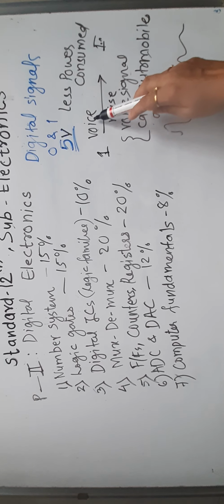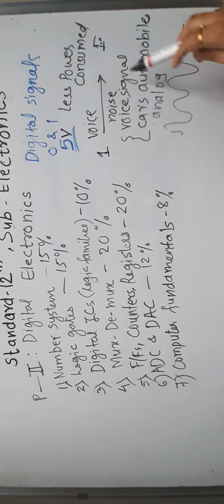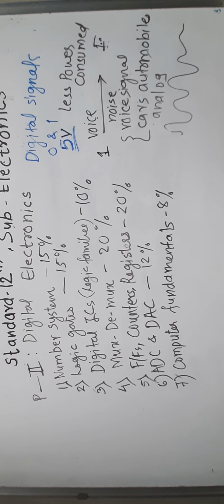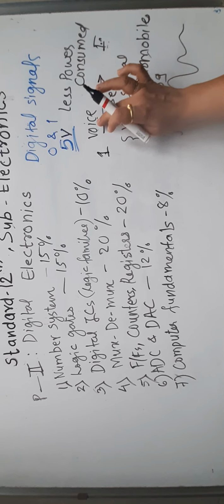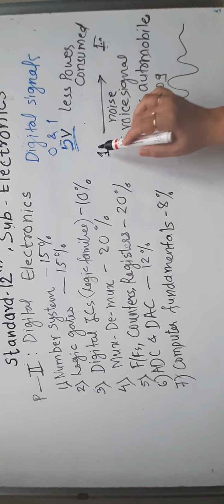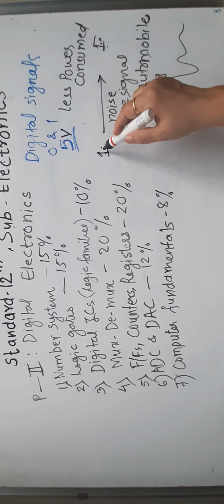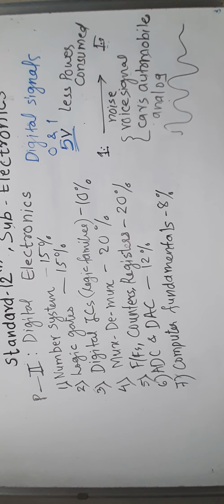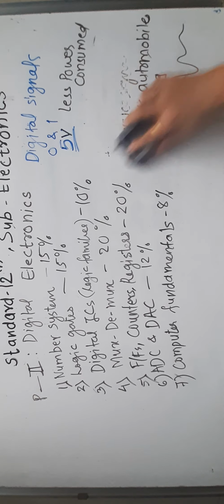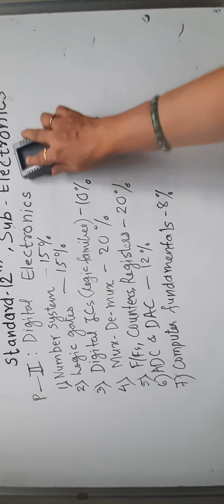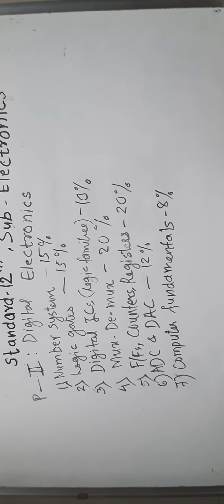Such signals get added to the original signal, and disturbance is created at the second terminal. To avoid this, if we convert the voice signal from analog form into digital form and then transmit it from this terminal to this terminal, such noise is not added in the digital signals. That's why nowadays digital signals are used everywhere. This is the advantage of using digitization.